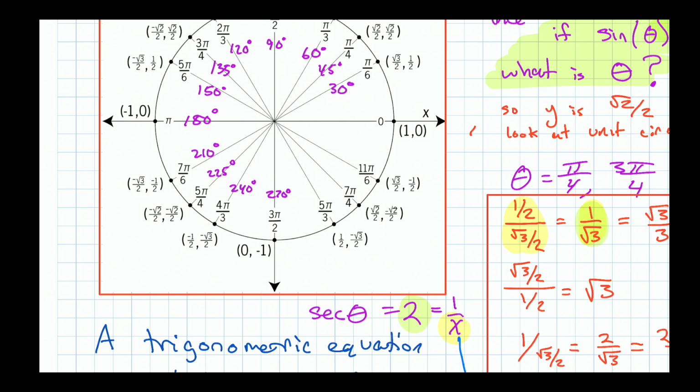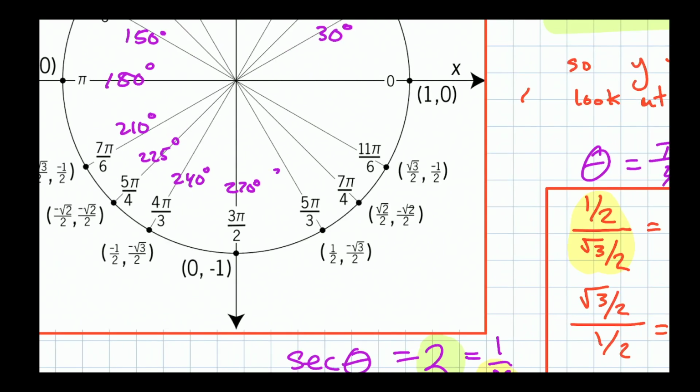It's ugly, rewriting it. 315, 330, and then of course 360 is back up top. All right, so there you go.